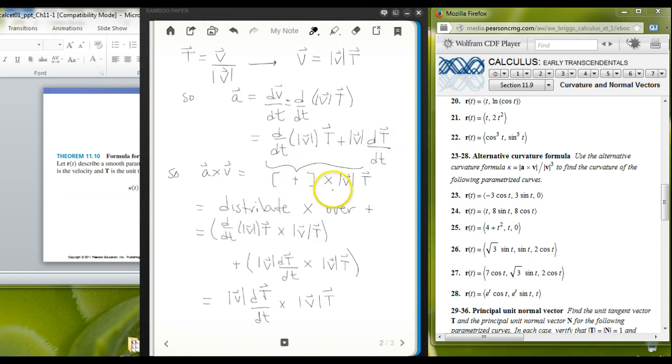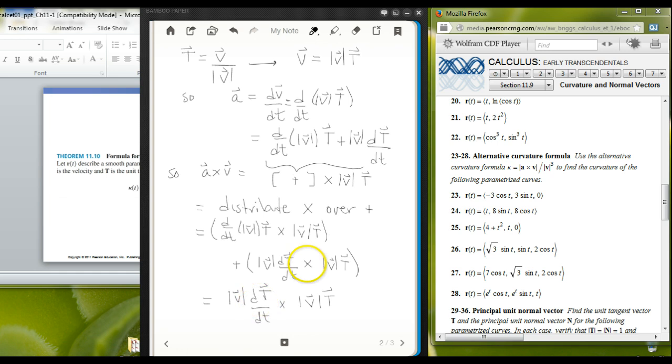So distribute that cross over the addition and I get the following statement. That's this next line, where I have the derivative of magnitude v times T cross magnitude v T plus magnitude v dT/dt cross magnitude v unit tangent vector. That's just the property of the cross product distributing across the addition.